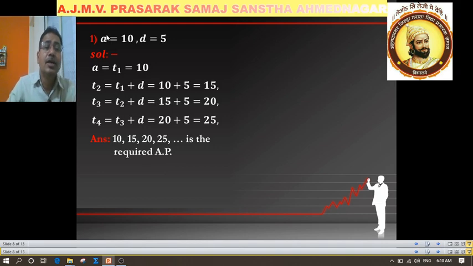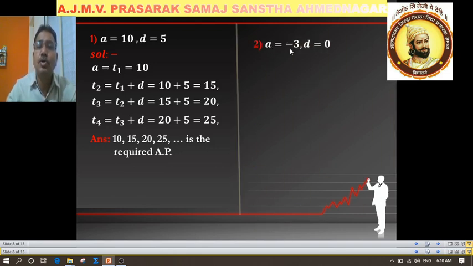So see here, if we are given first term A and common difference D, we can find out the whole arithmetic progression. Second example, A is equal to minus 3, D is equal to 0.